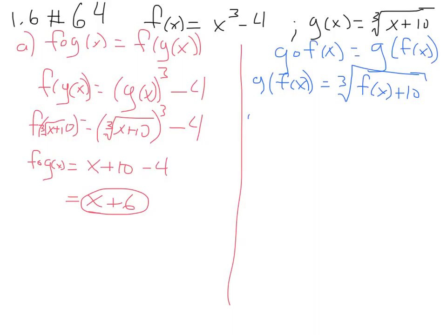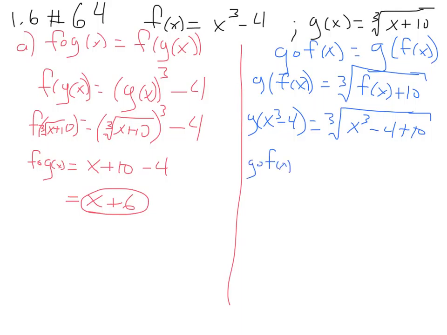So we get g of x cubed minus 4, which is the cubed root of x cubed minus 4 plus 10. The 4 and the 10 we can combine, and we get the cubed root of x cubed plus 6.